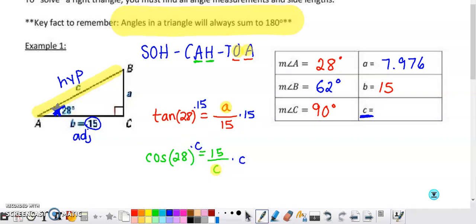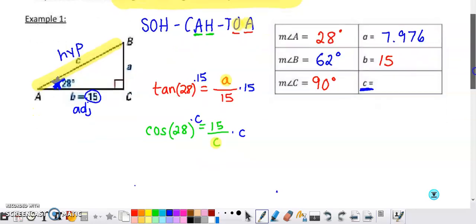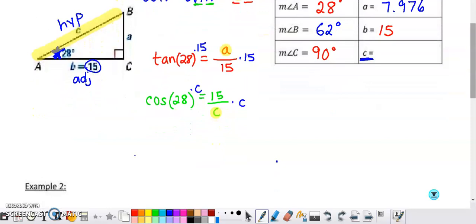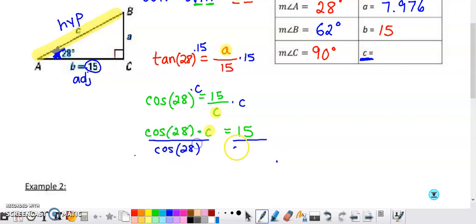But you'll notice that all that does is move the letter C to the left side. Okay, so let's write out what we have then. So what we'll have is the cosine of 28 times C equals 15. So then you still have to get that C by itself by dividing both sides, because you want to keep it balanced, by the cosine of 28.